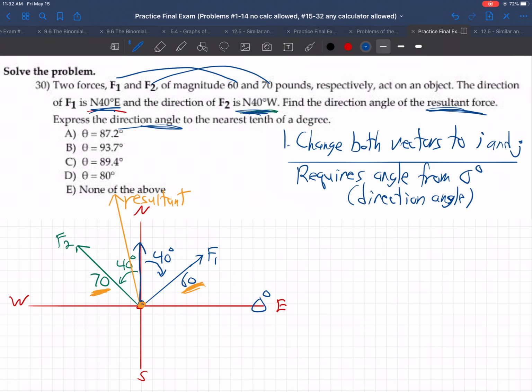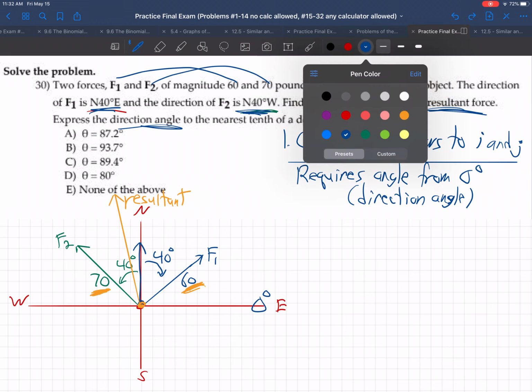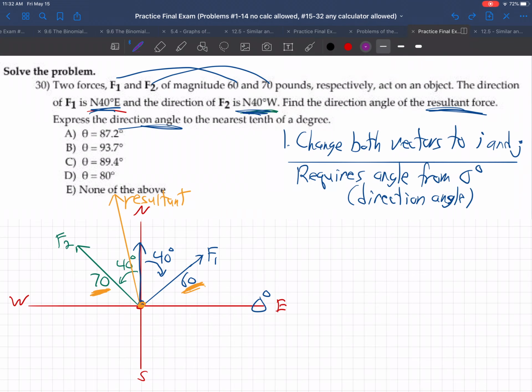How far from here to there? That's from 0. Well, can you tell that must be 90 minus 40? That must be 50 degrees, right? Because it's 90 straight up, and this 40 is how far off of 90.